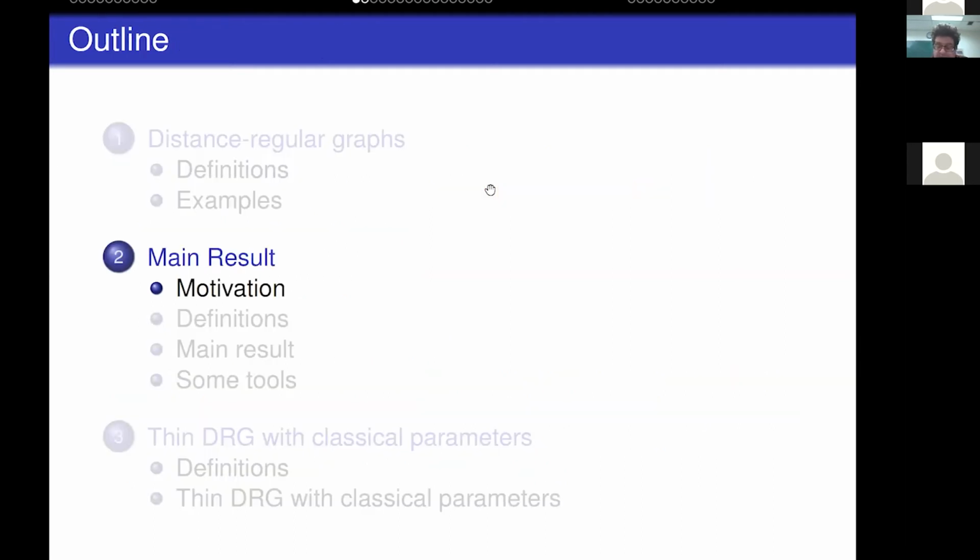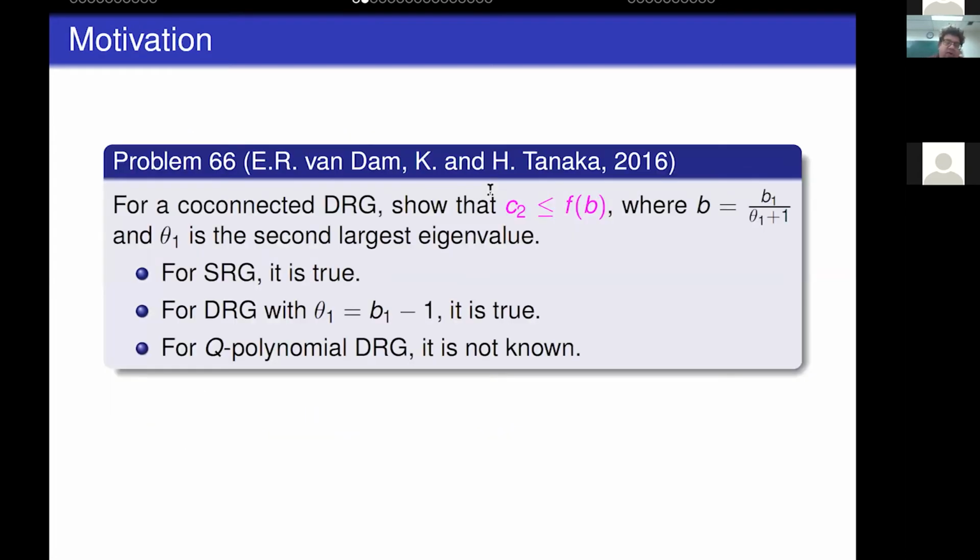So now I will go into the main results. I will first talk about motivation, why we should look at this. In our paper with Van Dam and Tanaka, we had Problem 66, and that asks for the following question.